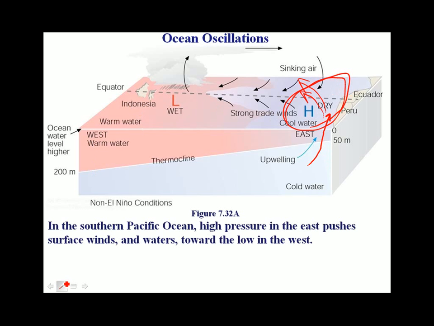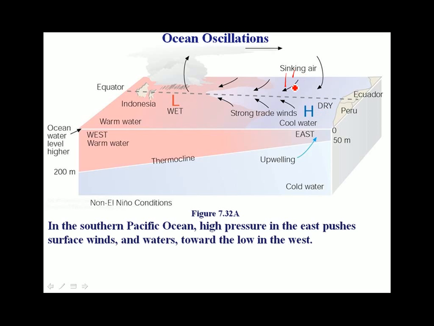Now, pressure patterns, because remember we're talking about El Nino southern oscillation, so we're talking about water temperatures. Okay. Now we're also talking about pressure patterns. And so we have high pressure over here in the eastern Pacific.